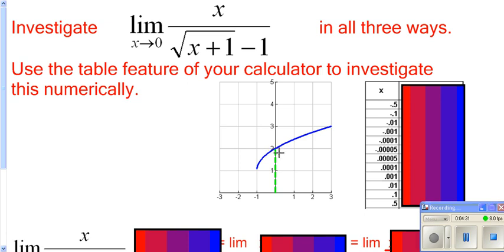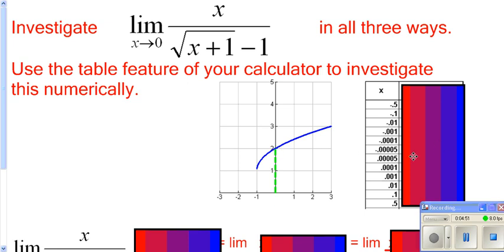What's your height? And it's 2. So we would say from a numeric point of view, we would have a limit of 2. It may not appear like it on this graph, but there's really a hole right here in your graph at x being 0.